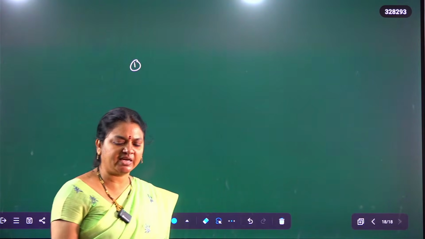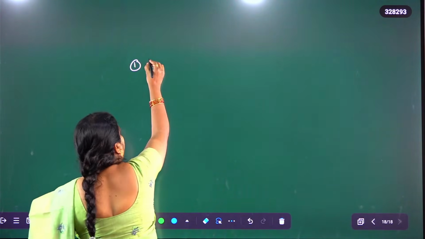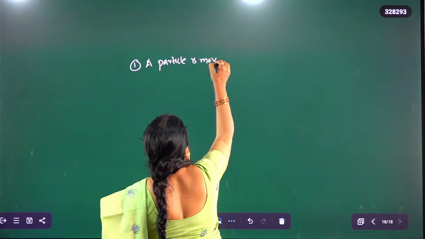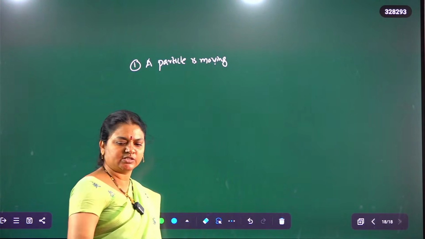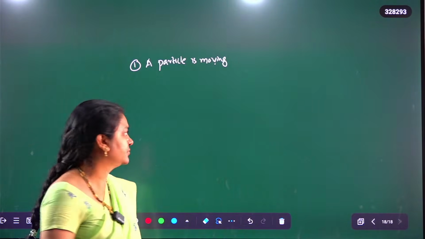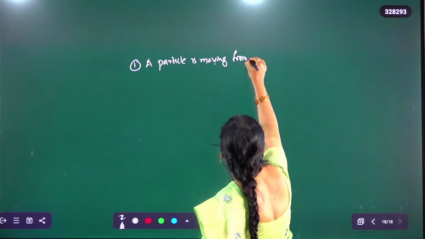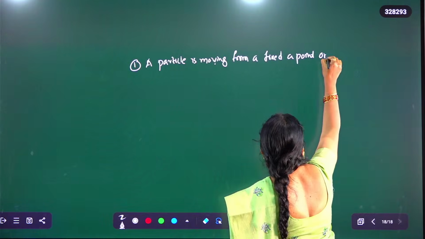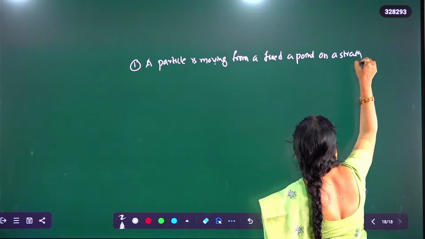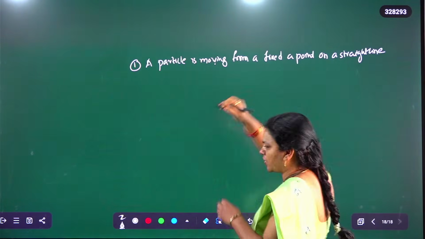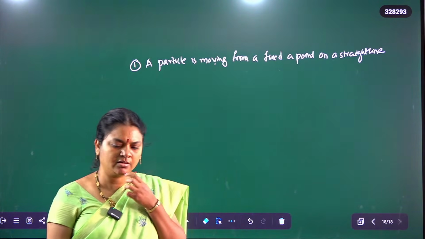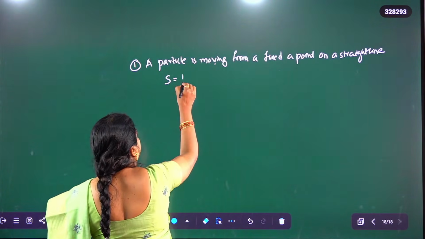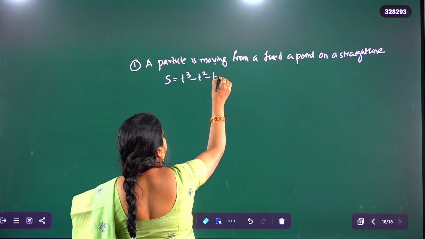The question is: a particle is moving from a fixed point on a straight line, and it travels a distance s equal to t cube minus t square minus t plus 2.